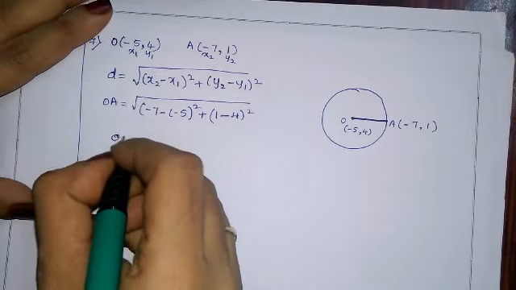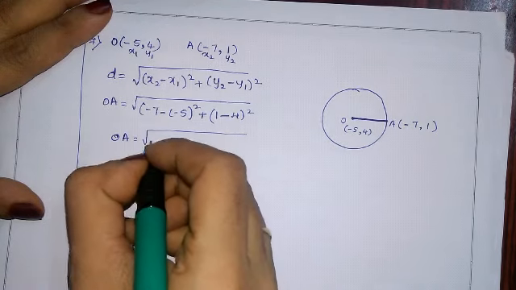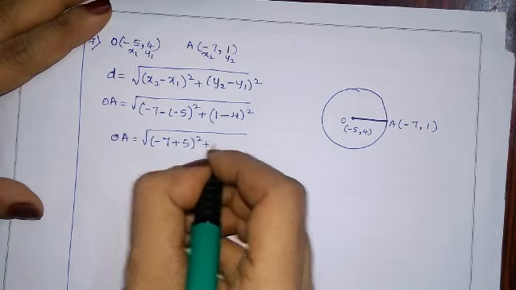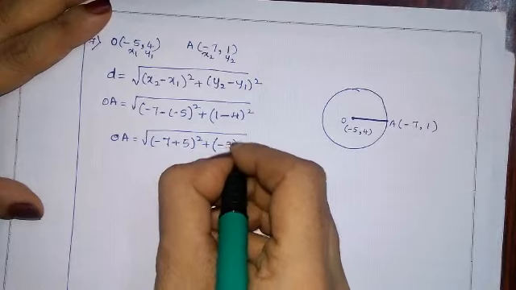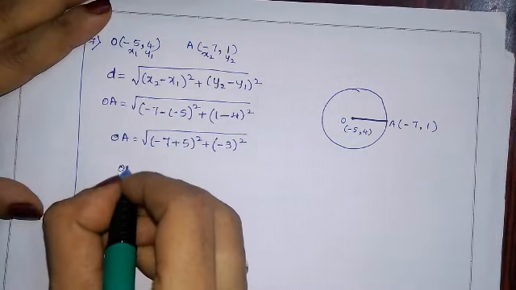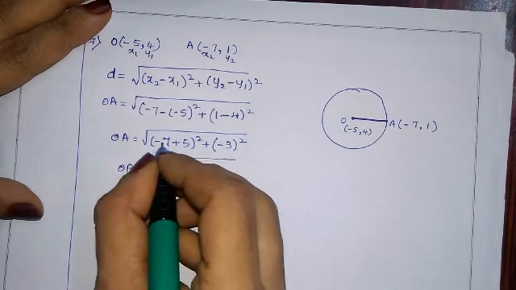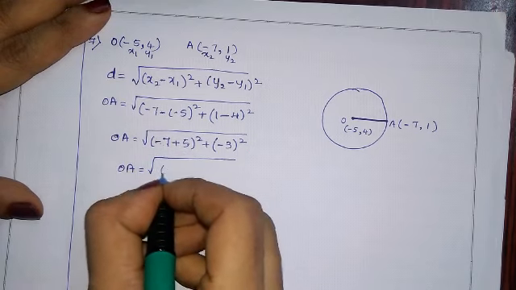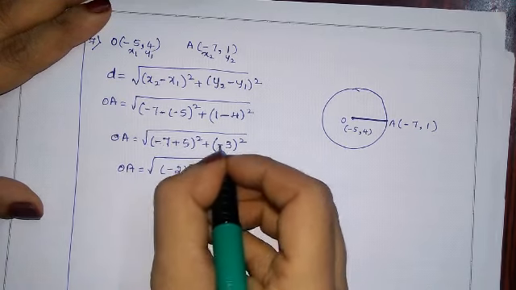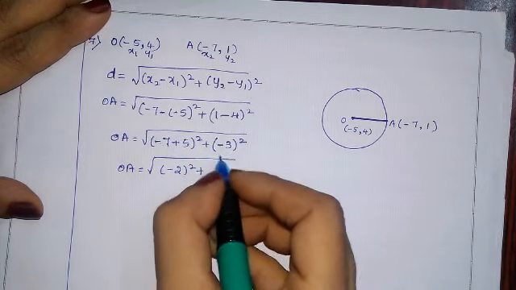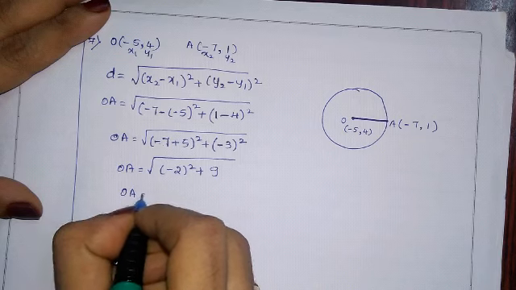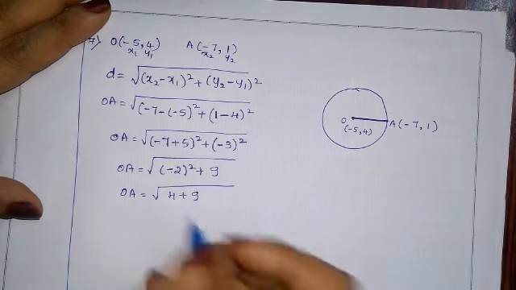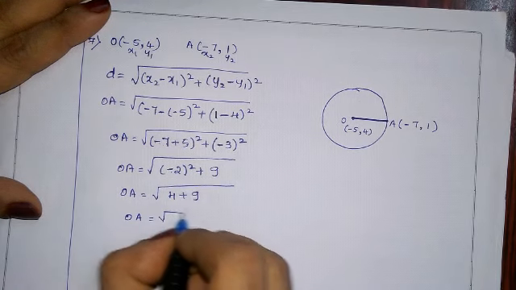OA is equal to root of minus 7, minus minus becomes plus 5, whole square, plus 1 minus 4 is minus 3, whole square. Plus and minus means you have to do minus: 7 minus 5 is 2, greater number is minus, so minus 2 whole square. A negative number squared is always positive. 3 square is 9, and here also the negative number squared is positive, 2 square is 4. 4 plus 9, OA is equal to root 13.